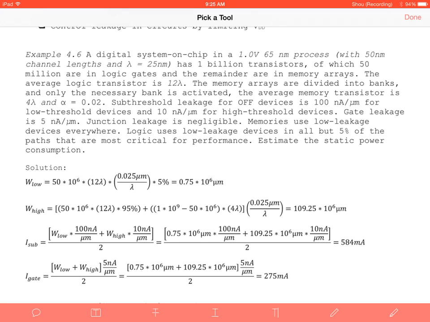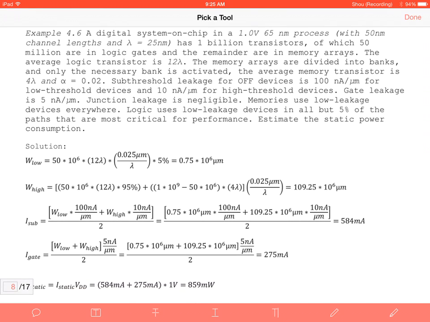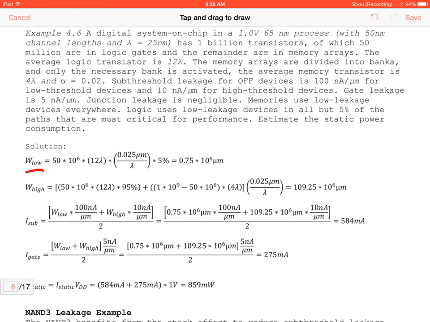So logic uses low leakage devices in all but 5% of the paths that are most critical for performance. So we've made a performance leakage trade-off in this particular problem. Now we're going to estimate the static power consumption. First, we have our logic, right?